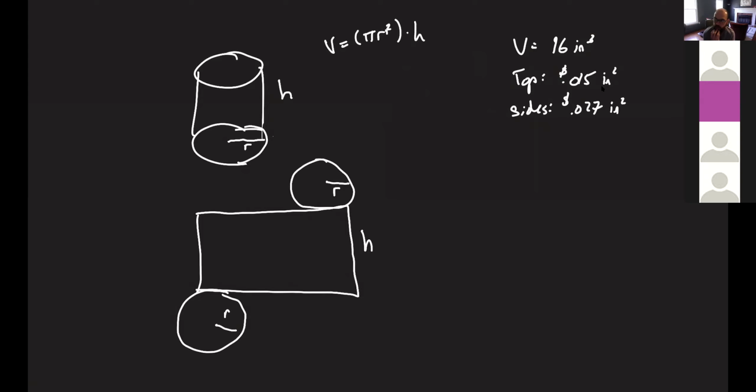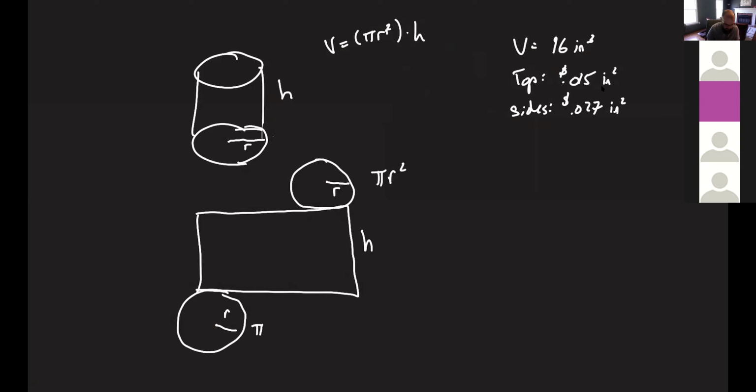And now if I'm thinking about area, I'm going to need to know the area of my sides and the area of the top and the bottom. So if I think about the surface area of this can, the top gives me a pi r squared here.